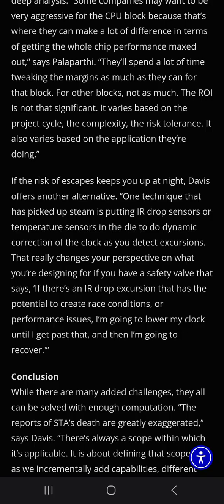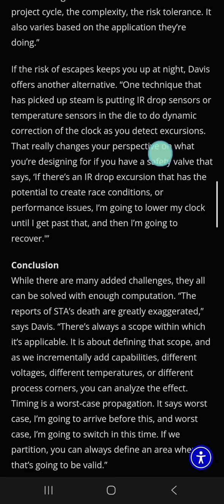That really changes your perspective on what you're designing for. If you have a safety valve that says, if there's an IR drop excursion that has potential to create race conditions or performance issues, I'm going to lower my clock until I get past that, and then I'm going to recover.